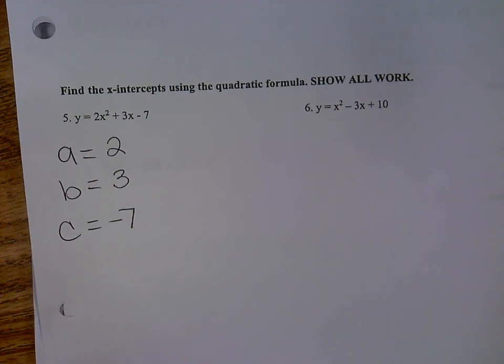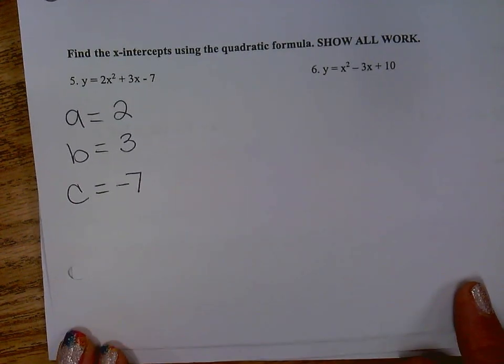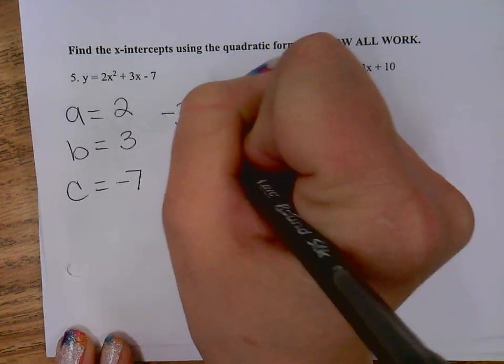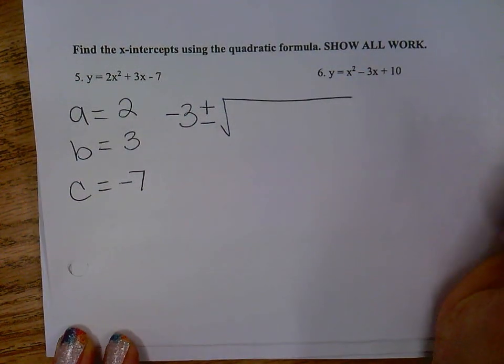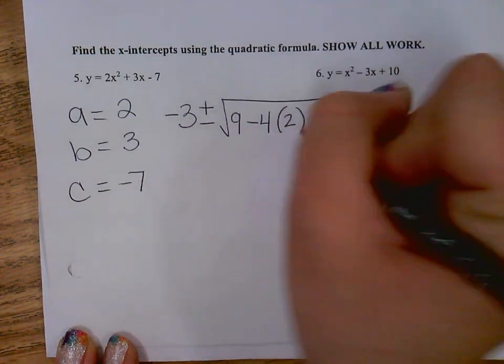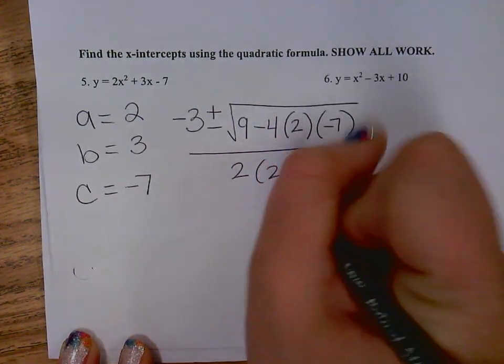See if you can write out the quadratic formula by yourself this time. So we put it in the right order. So the opposite of B plus or minus the square root, B squared minus 4 times A times C all over 2A.